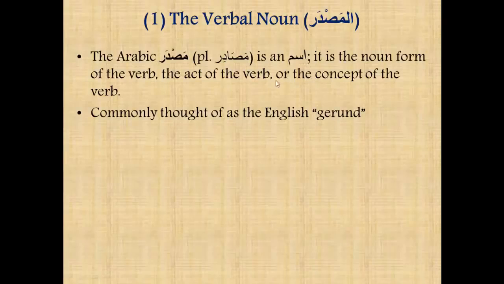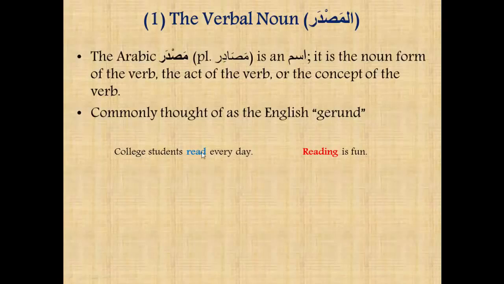In English, the closest equivalent would be the gerund. So if you're familiar with English grammar, you have gerunds and infinitives, which function as nouns. The verbal noun would probably be the gerund in English. Let's look at some examples. Here are 2 sentences in English. Number 1, college students read every day.